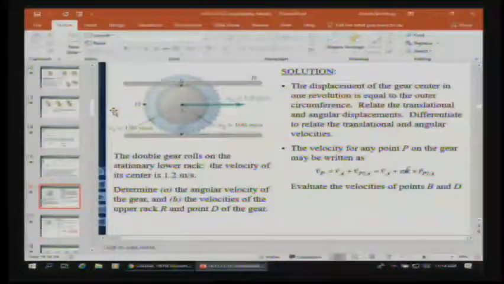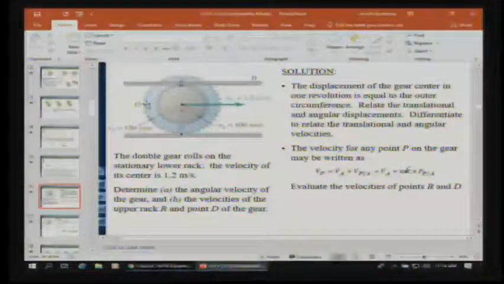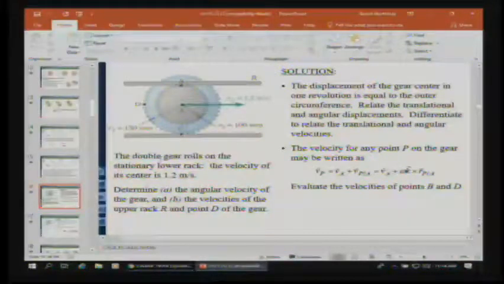Anyway, so the angular velocity, we're looking for omega, and the velocity of the upper rack R, and then the point D. So in other words, the upper rack is going to depend on B to A, but D is going to depend on the larger gear, right? So those are sort of the parameters of the equation.